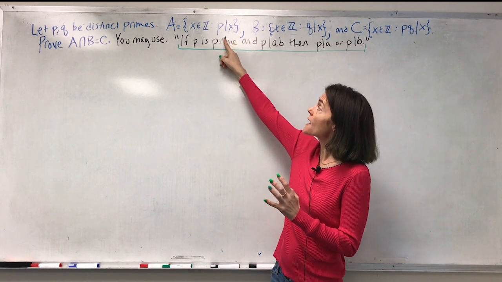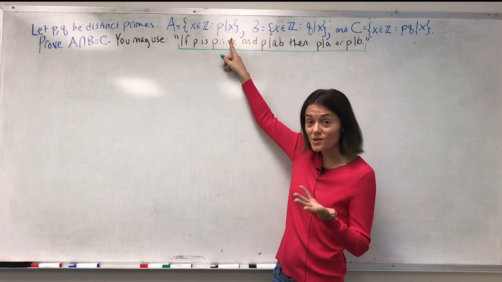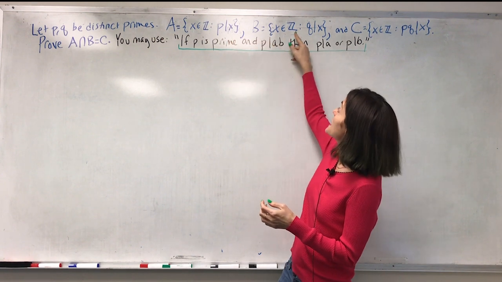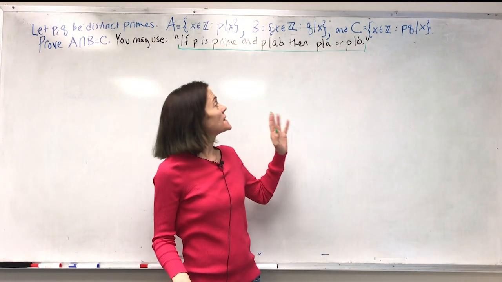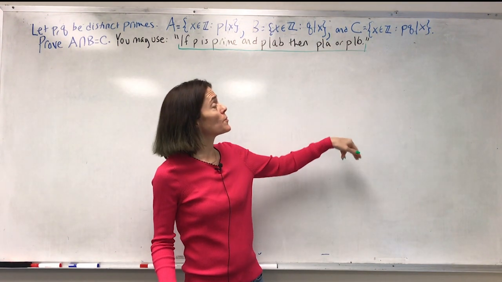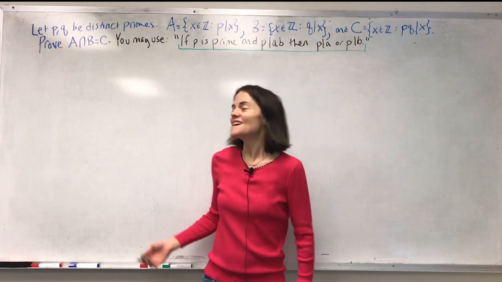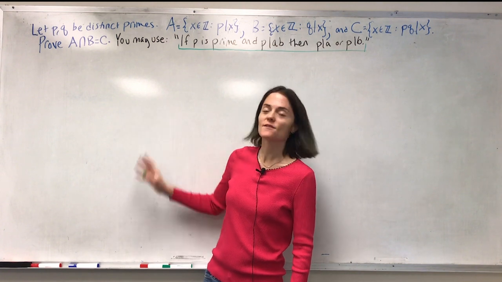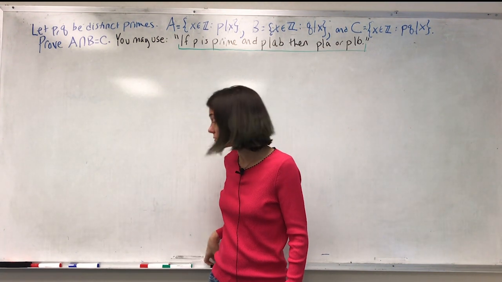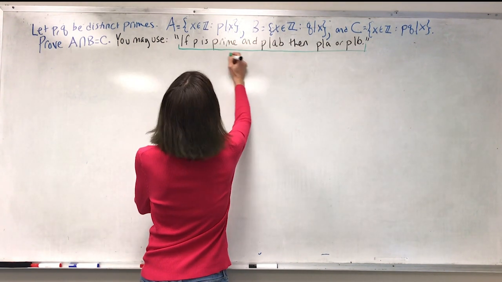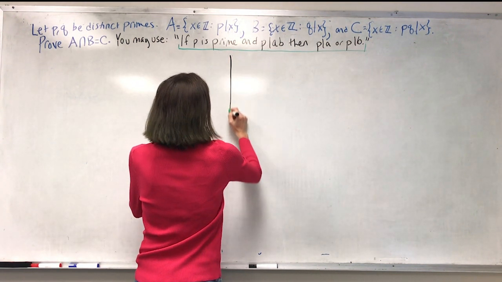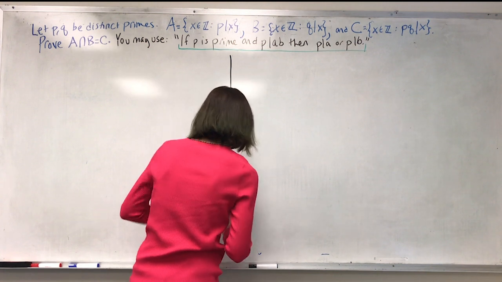A is the set of all multiples of P. B is the set of all multiples of Q. And then C is the set of all multiples of PQ. We want to prove that A intersect B is equal to C. And maybe I will put a line here.